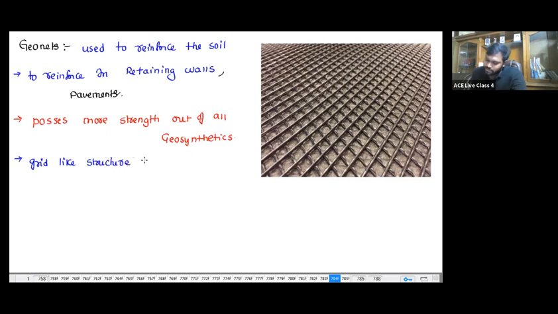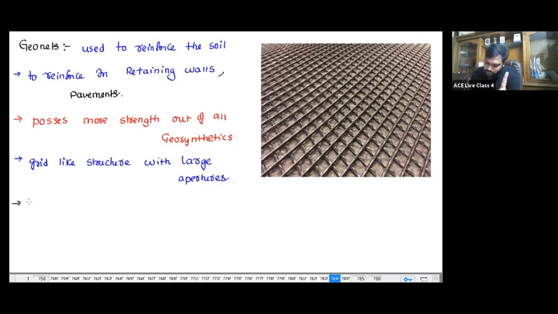Grid-like structure with large apertures. So out of the entire geosynthetics, if you want to go for only reinforcement, then you can go for the geonets. Why?